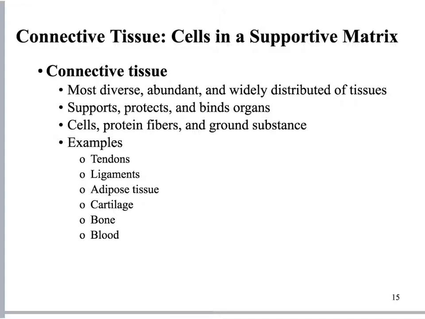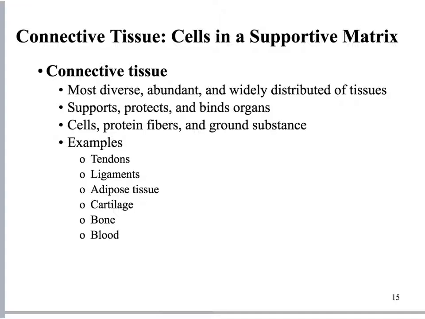Some examples: tendons and ligaments. Tendons connect muscles to bone. Ligaments connect bone to bone. Adipose tissue kind of just fits in wherever it helps to protect organs and insulate the body.